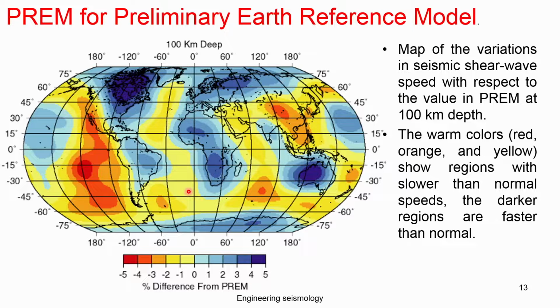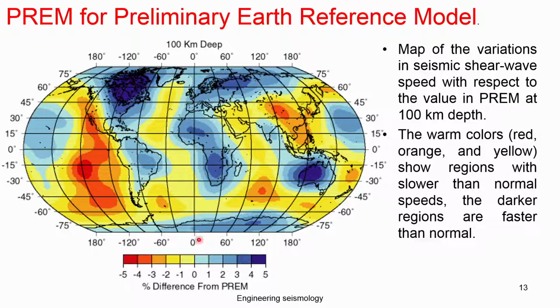So, assuming a uniform P and S wave velocity is not appropriate. You have to measure or estimate using your own regional data. That is the message you can get. Here also you can see that the Himalayan belt, South India and central India show differences at 100 kilometer depth.